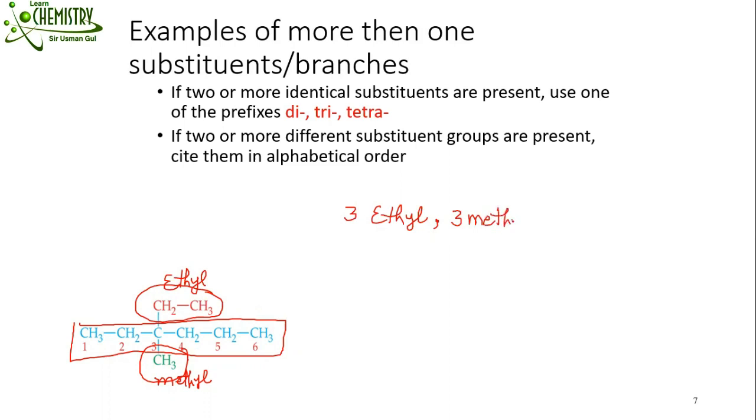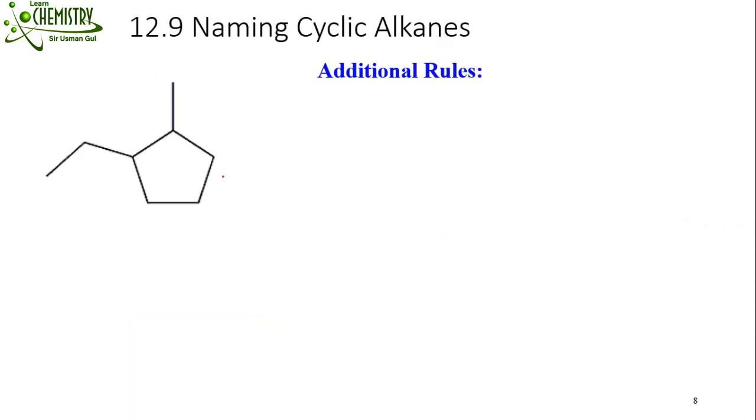I have to give a number to each substituent or branch, and when done with the numbering and the naming of the branches or substituents, then I will write the name of the main parent. There are 6 carbons, so it will be hex, and the suffix will be ane. So this is the way I am able to name branched alkanes.